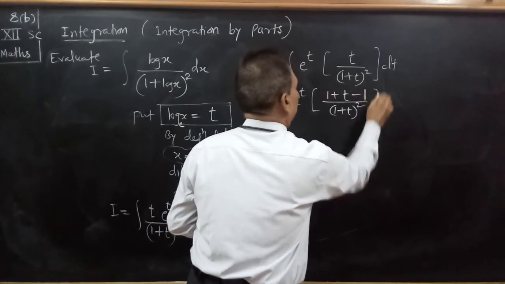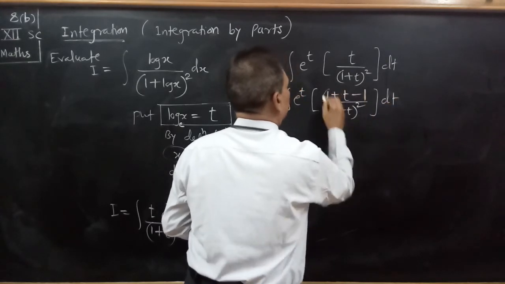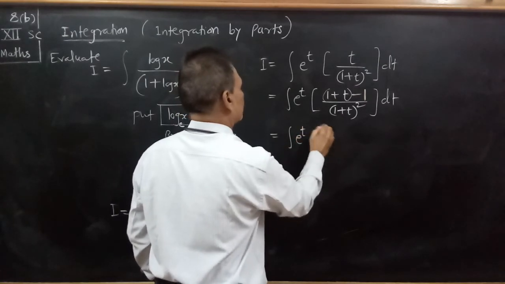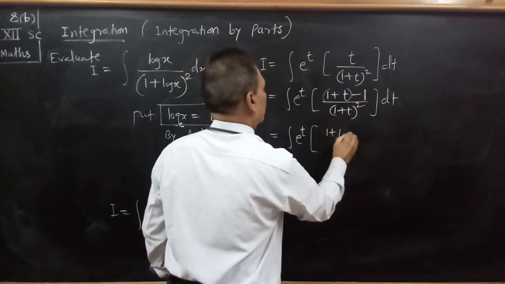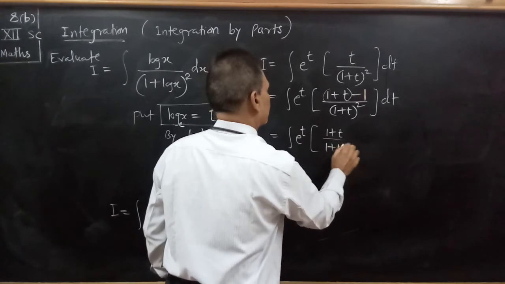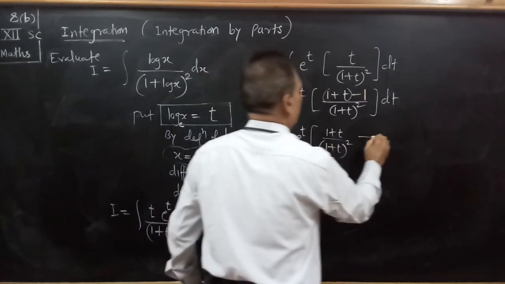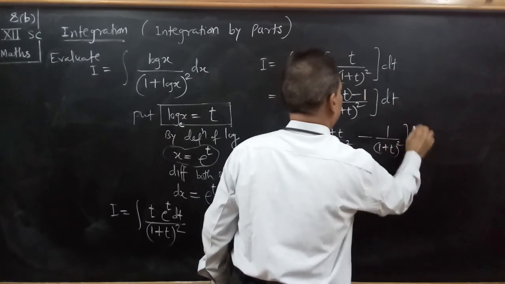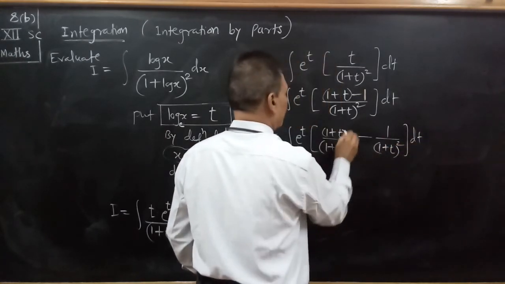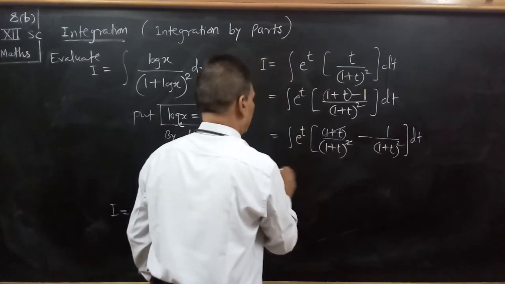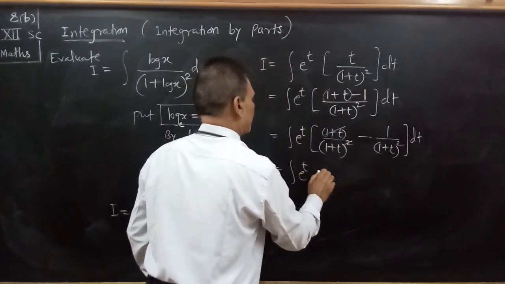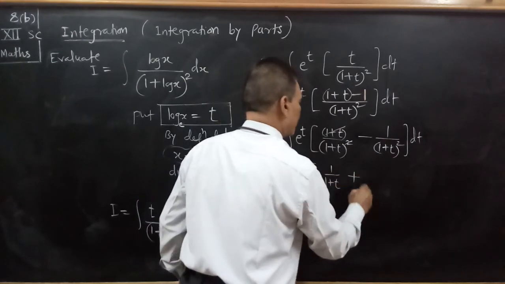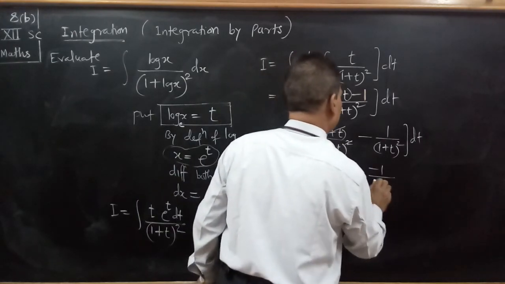These two terms take together and separate the denominator. E raised to t, (1 plus t) divided by (1 plus t) whole bracket square, minus 1 divided by (1 plus t) whole bracket square, into dt. Cancel one of the factors. You will get e raised to t in bracket 1 upon 1 plus t, and written plus sign here, minus 1 divided by (1 plus t) whole bracket square into dt.